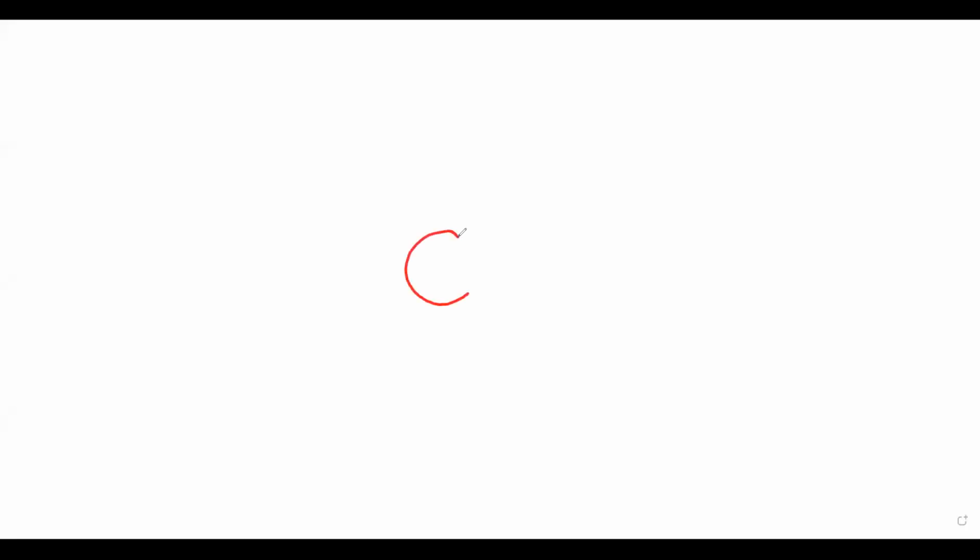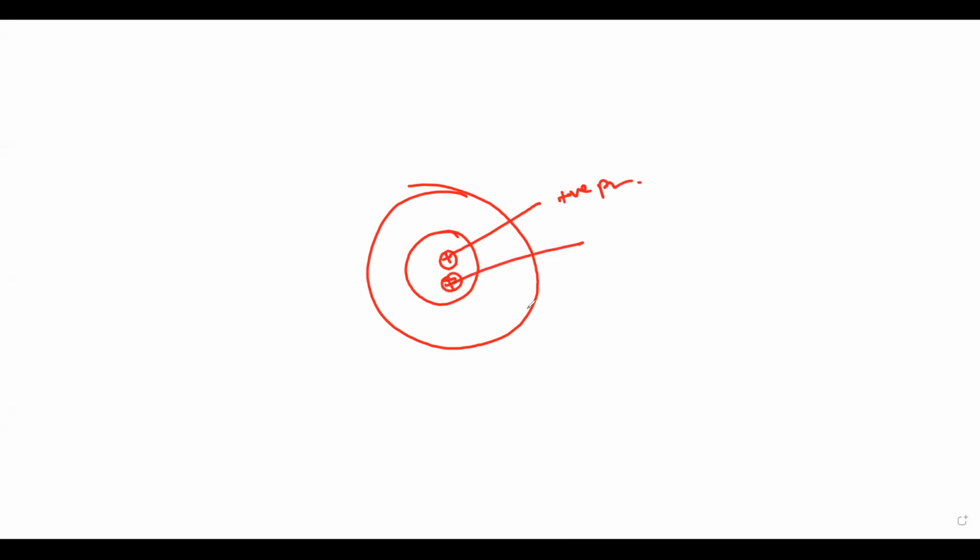You are going to draw the nucleus and the orbit, and then write inside it positive protons and neutral neutrons, and write electrons. This is the homework for today. Okay, I hope you understand the lesson.